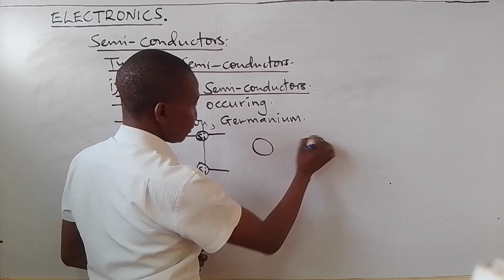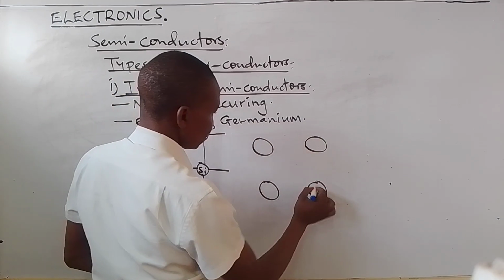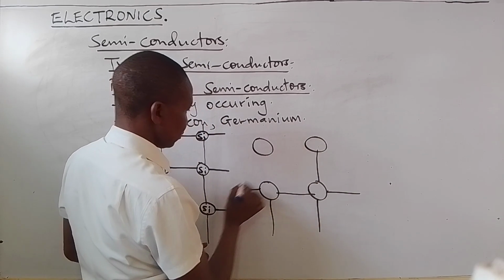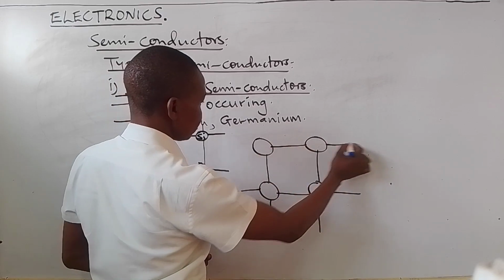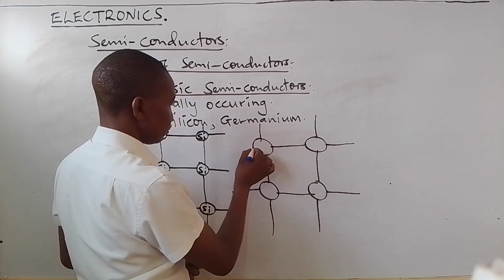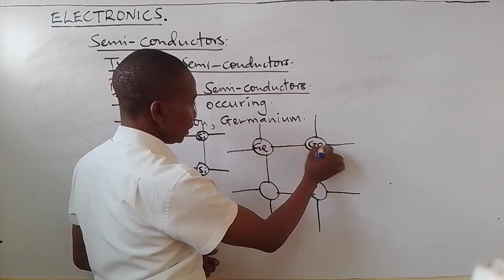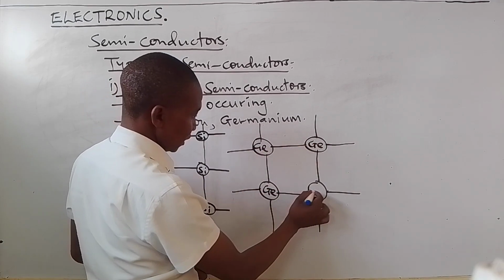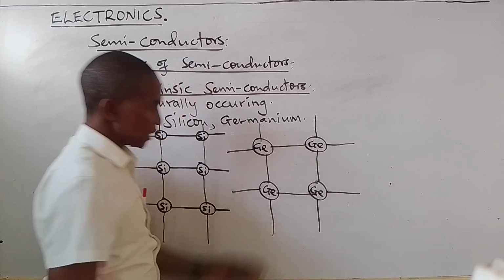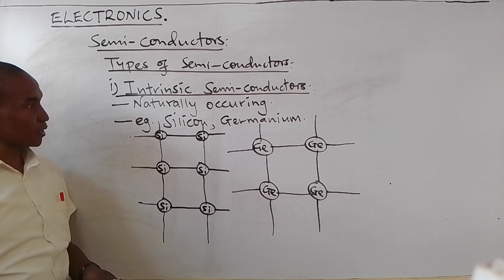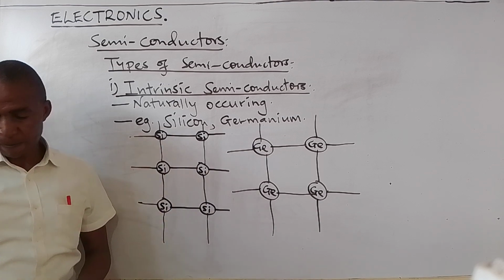It would still have atoms forming complete bonds with 4 neighboring atoms. So this is now a germanium crystal. It is intrinsic. It is naturally occurring. These are naturally occurring elements which happen to be semiconductors on their own.